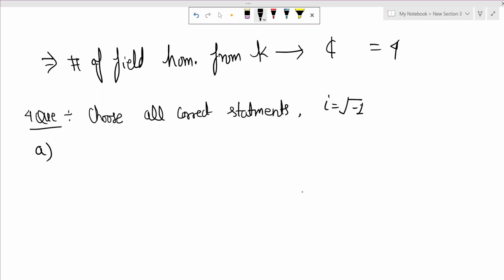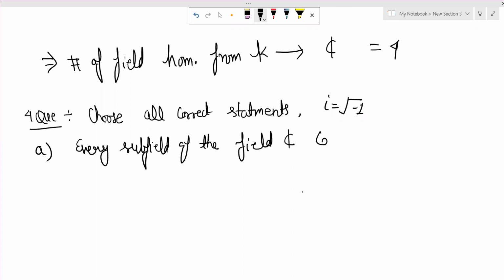Every subfield of the field C contains Q. Is this true or not? If true, give me proof. If not, give me a counter example.